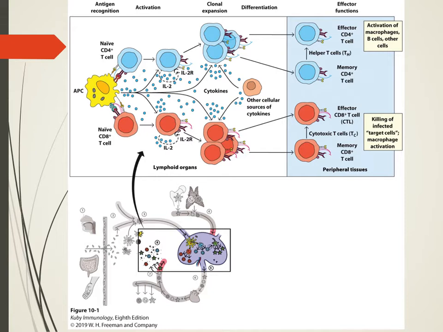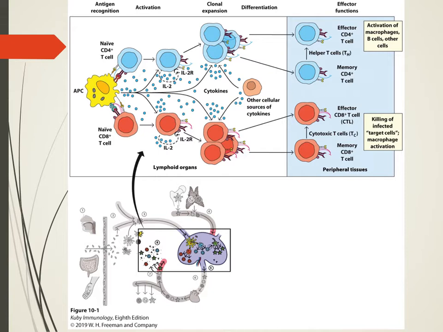And you're also getting other cytokines that are also feeding in because your antigen presenting cell, helper cells, regulatory cells, all can also produce other cytokines that will feed in and help with clonal expansion and differentiation of these cells.